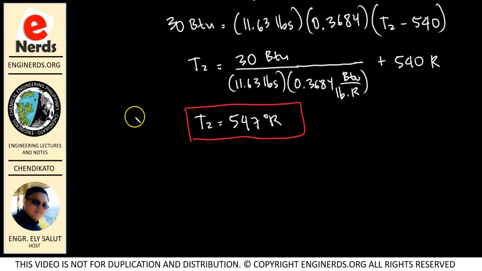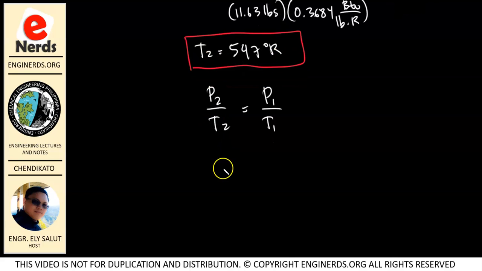This is very easy because we are dealing with an ideal gas in our assumption. So if we have constant volume, as in this case, we will have P2 over T2 is equal to P1 over T1. If we want to get the value of P2, P2 is equal to P1 times T2 over T1.